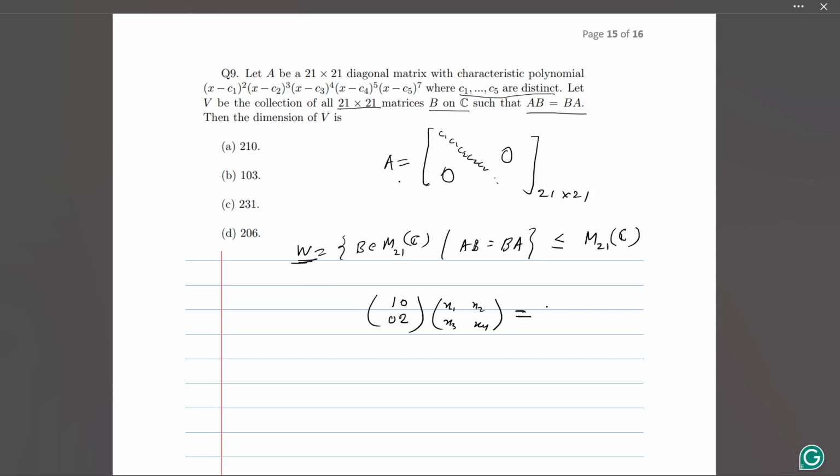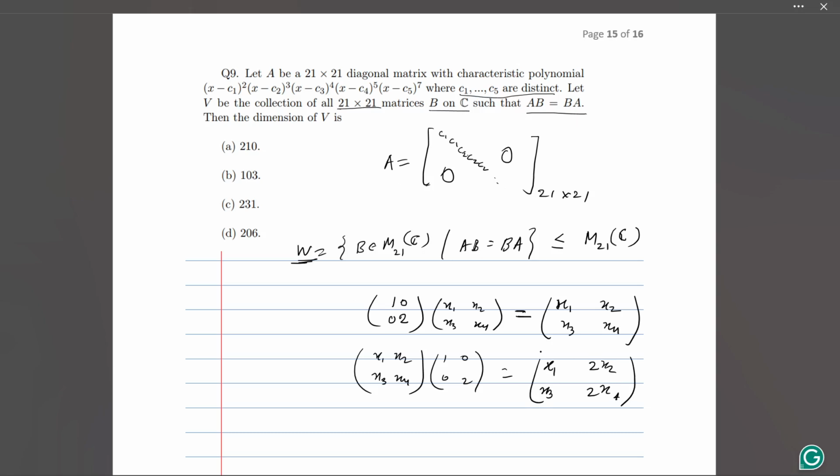So multiplying from the left side, we get x1, x2 in the first row, and in the second row, 2x3, 2x4. And from the right side, if you multiply x1, x2, x3, x4 by 1, 0, 0, 2, you will get the first column multiplied by 1, x1, x3, and the second column multiplied by 2, 2x2, 2x4.